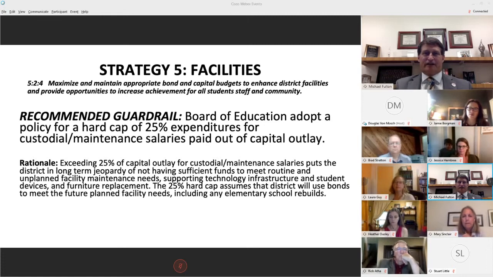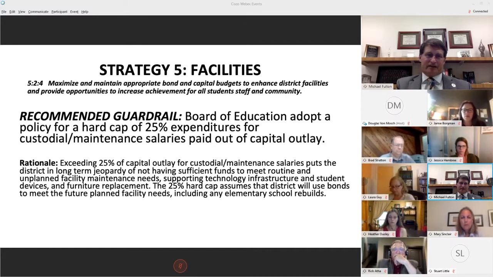Now, capital outlay has some very specific purposes. It's critical that we use a combination of bond and capital budgets to meet our facility, technology, and furniture needs. Overcommitting capital outlay to custodial maintenance salaries, in our case, would mean that we would take the remaining $4.5 million and move custodial salaries into capital outlay.